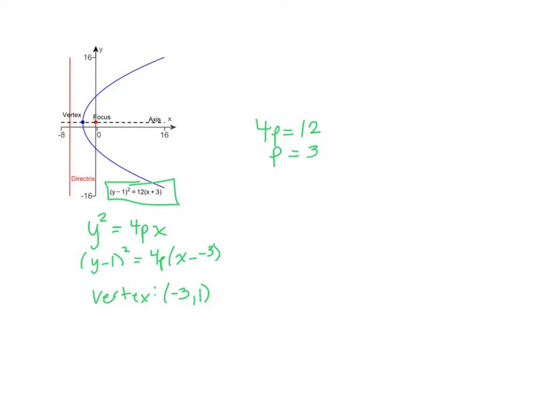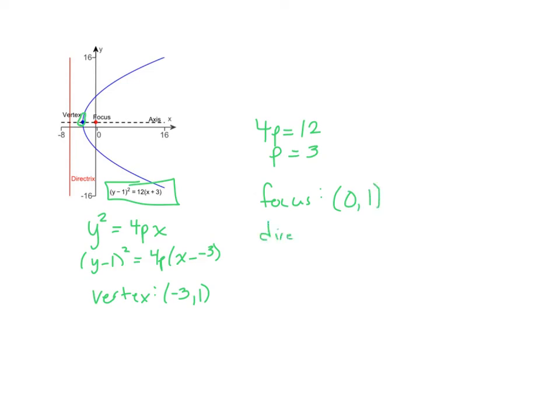Now remember, p is not necessarily the focus, but it's the distance between the vertex and the focus. Here you can see our vertex is at (-3, 1), and you just add 3 to the -3 to get that the focus is at 0, and the y value hasn't changed, so it's still positive 1.